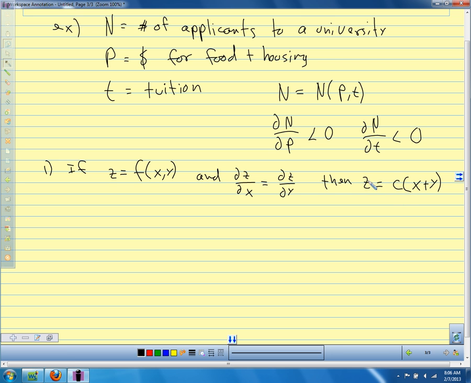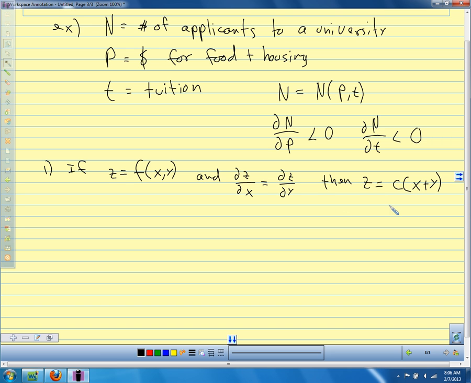Well, if I took the partial of this z with respect to x, I would get c, and then when I take the partial with respect to y, I get c, right? So this does work for this function.